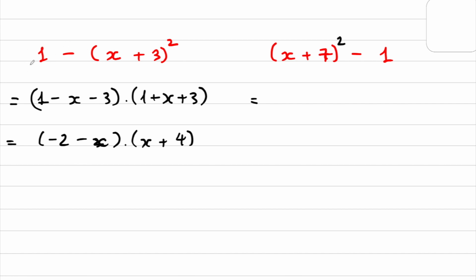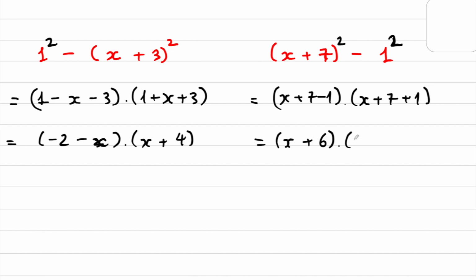Oh, sorry, 1 here equal to 1 square. The same idea as this one, 1 in this position is equal to 1 square. So this is the form of the difference of squares, and after that you got this one, x plus 6 multiplied with x plus 8 here.